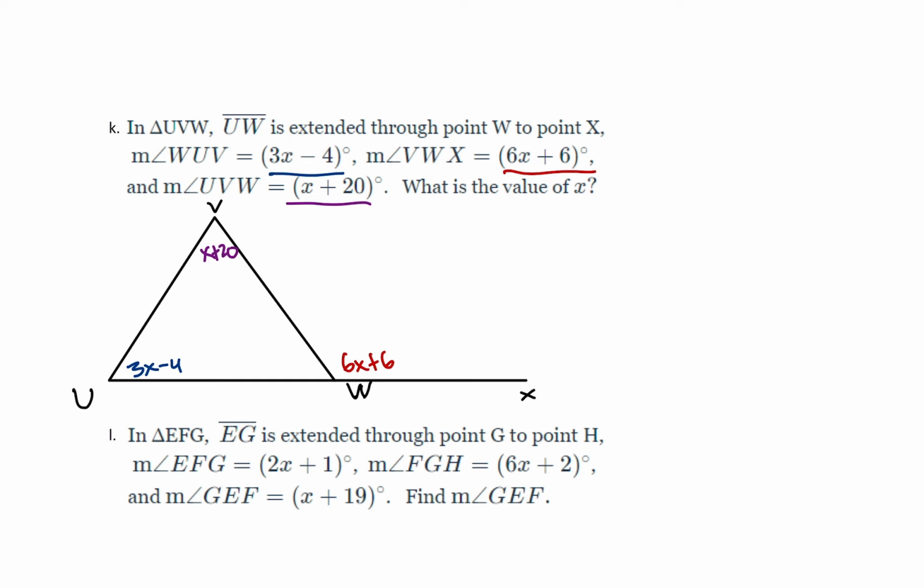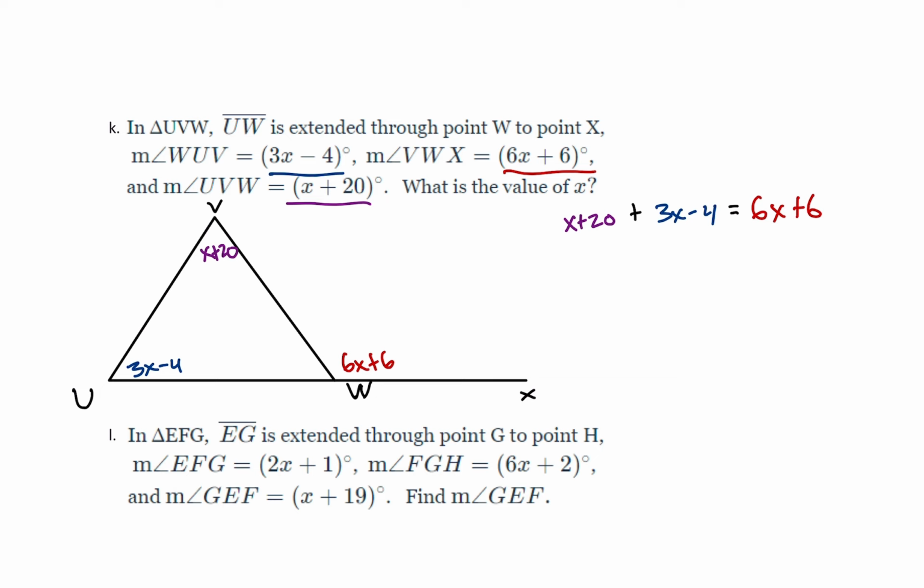Now I'm just solving for x. So I know that this outside angle is equal to the sum of these two inside angles. So I can say x plus 20 plus my 3x minus 4 is equal to 6x plus 6.